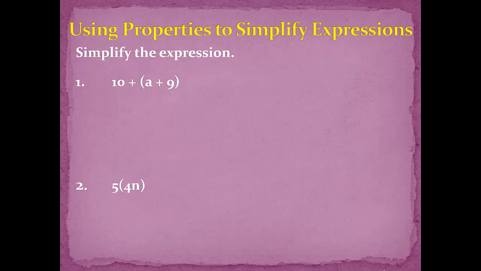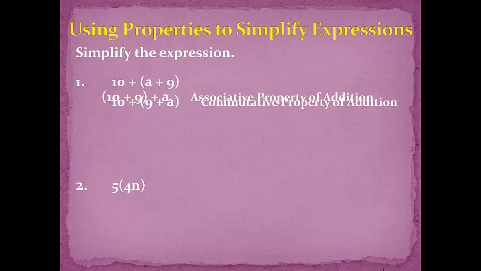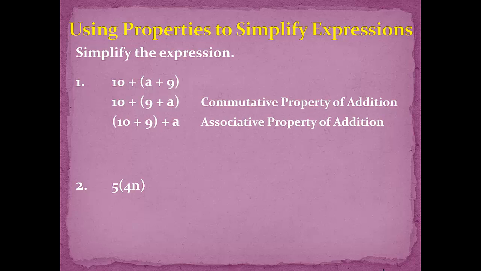Now we're going to use properties to simplify expressions. So for number 1, we have 10 plus the quantity A plus 9. We can use the commutative property of addition to switch the order of the number and the variable in parentheses. So we would have 10 plus the quantity 9 plus A. Next, we can use the associative property of addition to change the order that we're going to add this in.